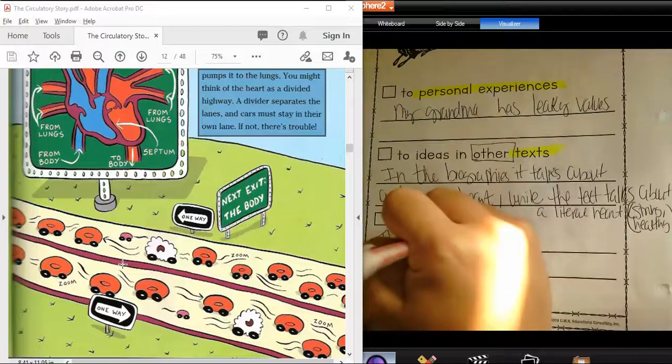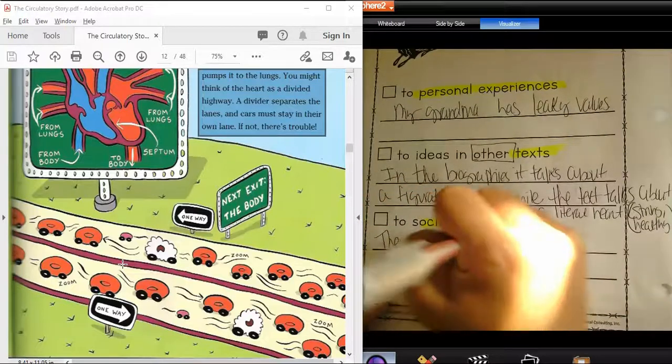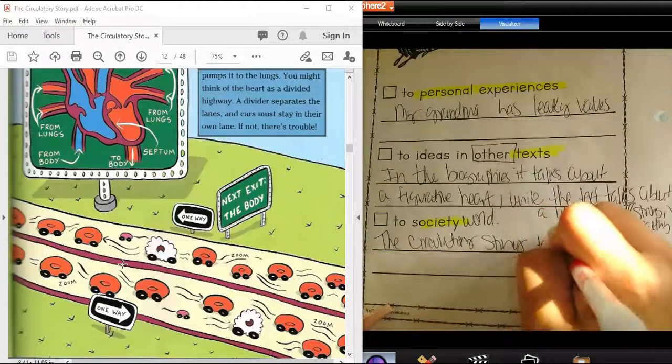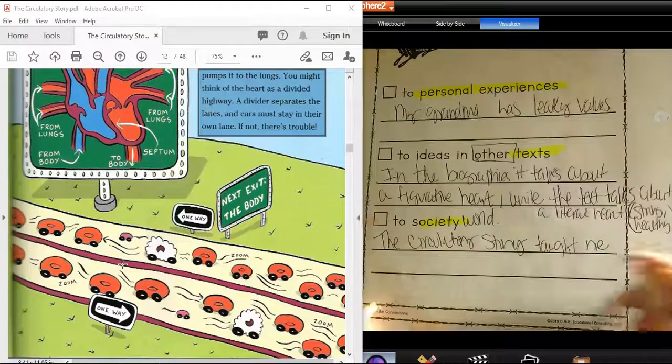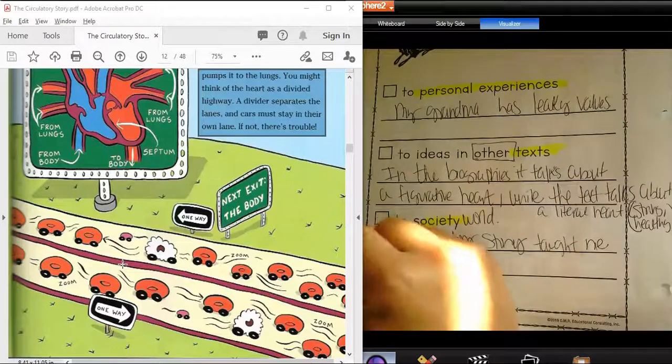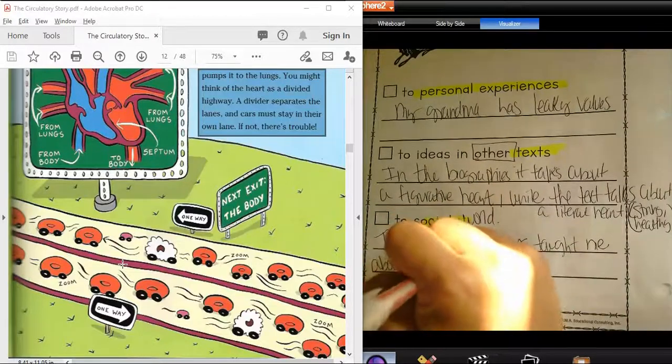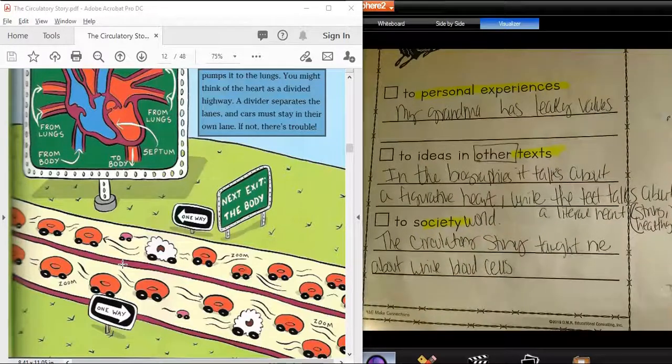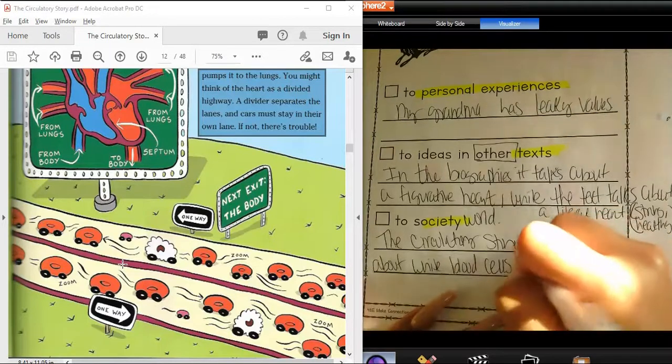So the circulatory story taught me about white blood cells. So now we know we can go tell mom, dad, grandma, uncle, your friend, your cousin that white blood cells help the body. So how do they help the body?